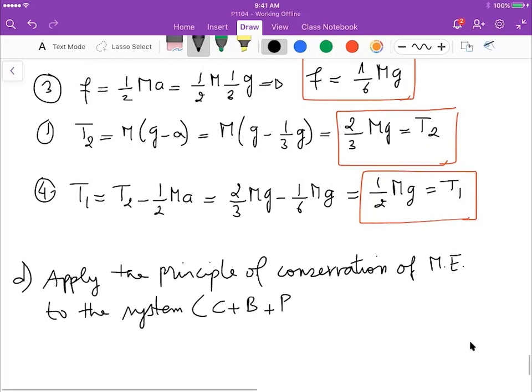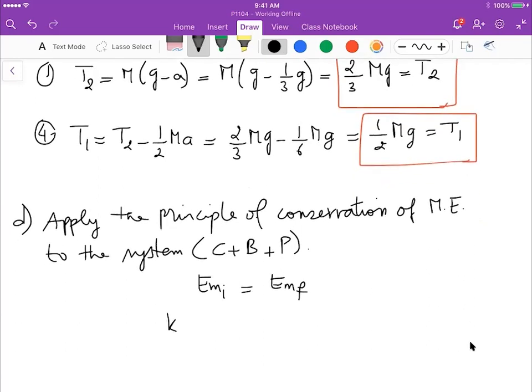And so we can write down the mechanical energy in the initial time is equal to the mechanical energy in the final time. So in the initial time when the system was released and when the block was released first, the kinetic energy in the initial state plus the potential energy in the initial state is equal to the same summation of kinetic and potential energy in the final state.